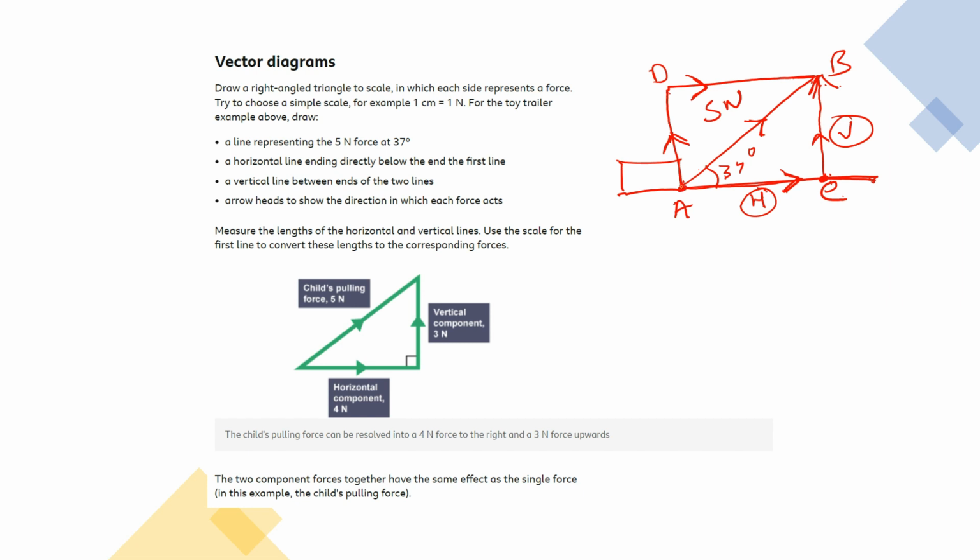The main objective is to reach B. You can go via any path. And this is called the vector diagram.